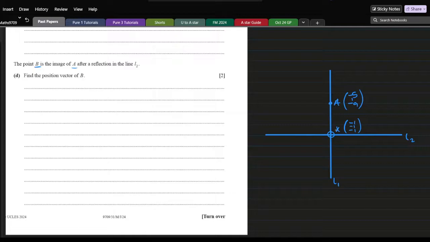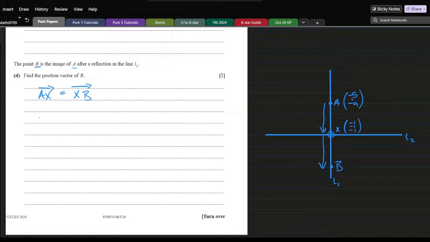So if we reflect A in the line L2, B would be somewhere here. And from here we can create an equation that we can use to help us solve for B. We can tell that the midpoint of the line AB is X. So in other words, the distance from A to X is equal to the distance from X to B. Or we can write this as the vector AX must be equal to the vector XB, right?